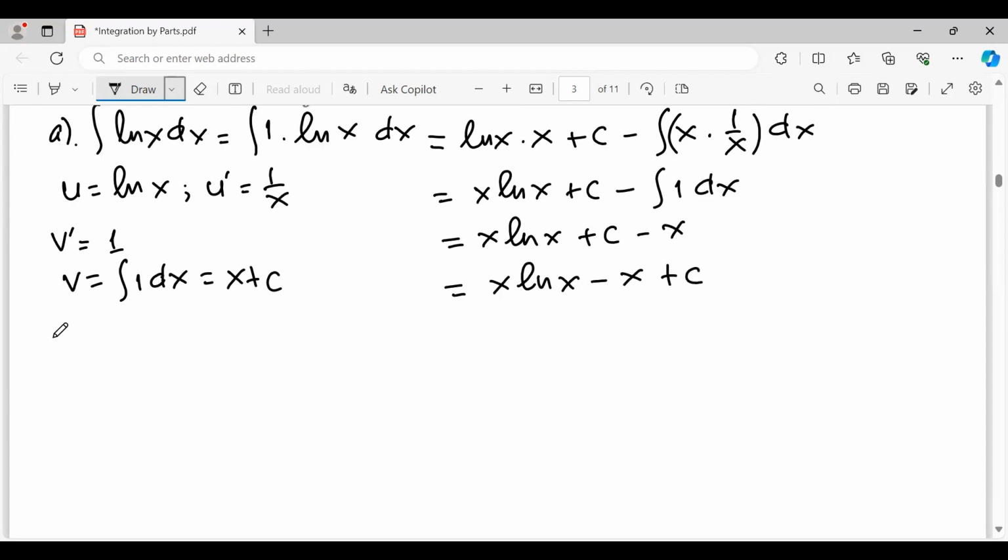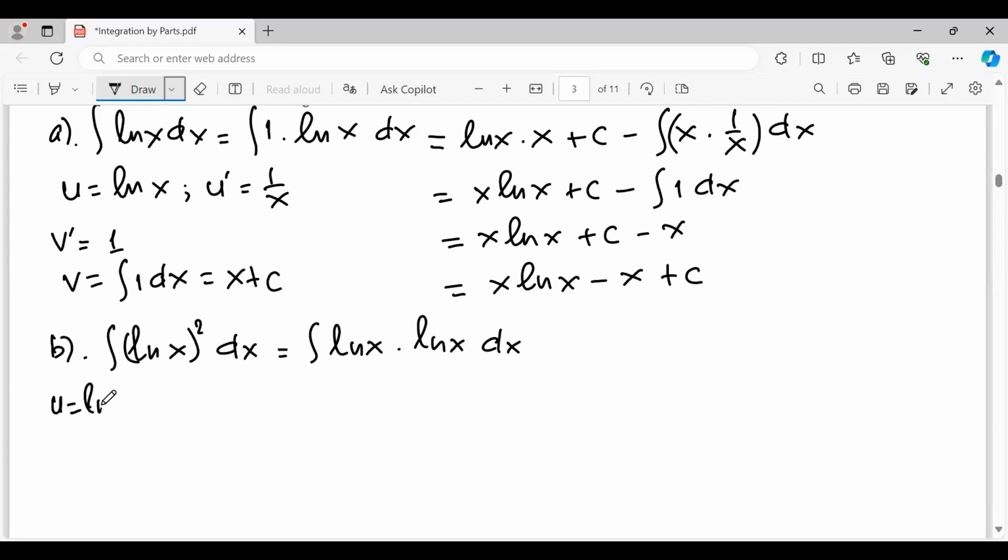B, integrals ln x squared. This is integrals ln x times ln x dx.